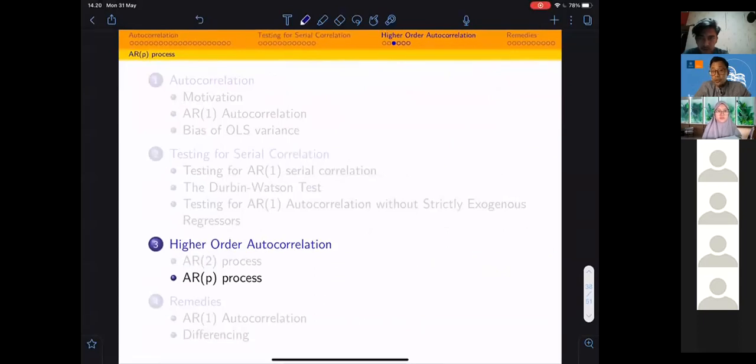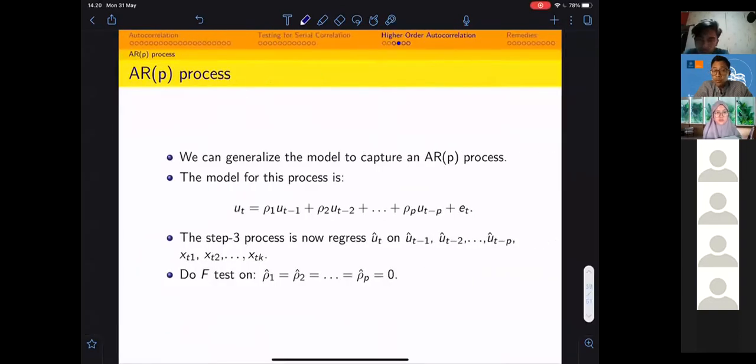Now, it's also possible that in the data, not only are you going to look at an AR2 process, but it could also be the case that it's an ARP process. So it could be AR of degree 3, or for example, AR of degree 4. It could be an AR5 process.